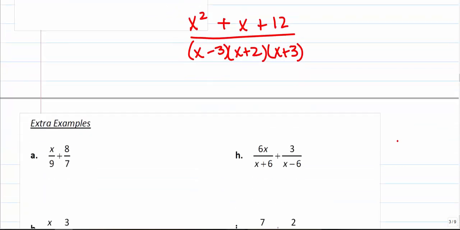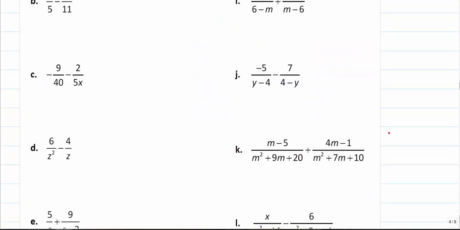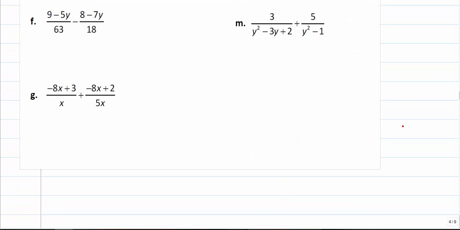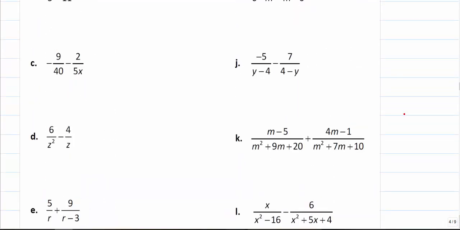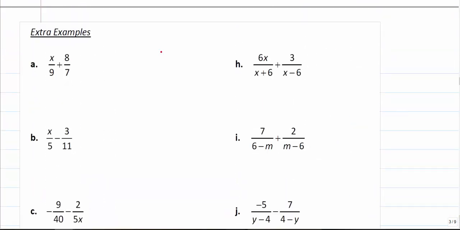Let's see. I have a bunch of extra examples here that I was going to work. I will probably do most of them on paper, but I do want to explain to you guys, some of these are easy with cross and smile. Like, if I have a single denominator, that would be 7x plus 72 over 63.